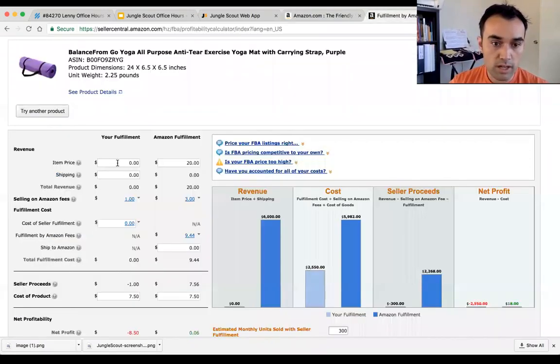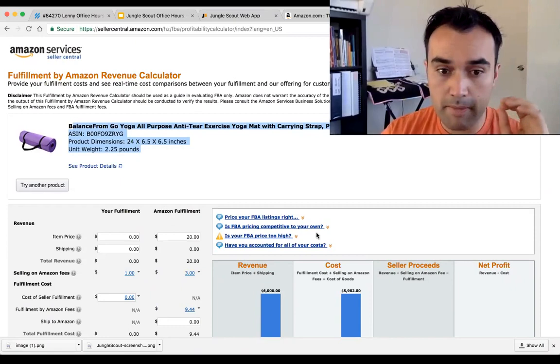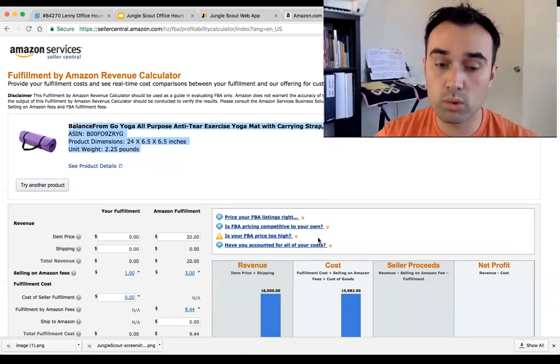And in this one over here on Amazon, it's grabbing the weight and the dimensions from the product I put up here. So you want to make sure that the product that you select as the guinea pig for your calculations is pretty similar to yours.